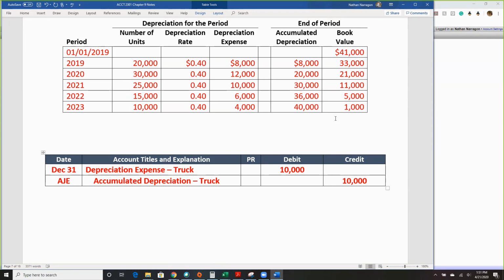Okay. Well, the last method is usually the most trickiest, so we're going to tackle that one. And that is, of course, our declining balance method.